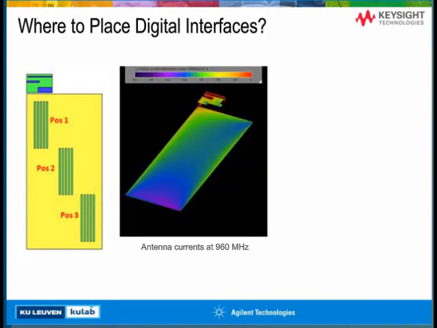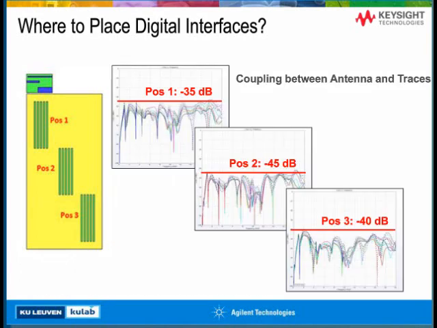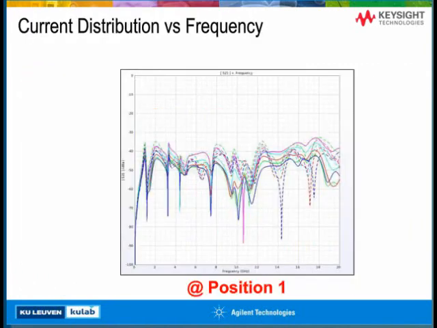This agrees with what we saw just a minute ago with how the currents flow inside the ground plane. We can prove even more that, by looking at the antenna currents in the ground plane, we can get an idea about how strong the coupling is.